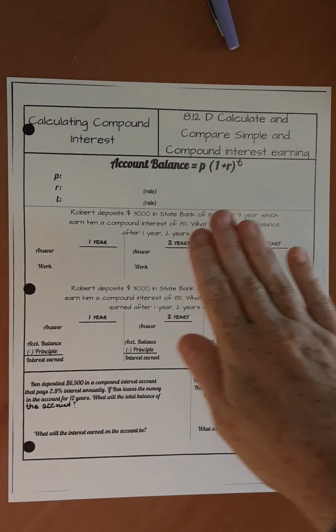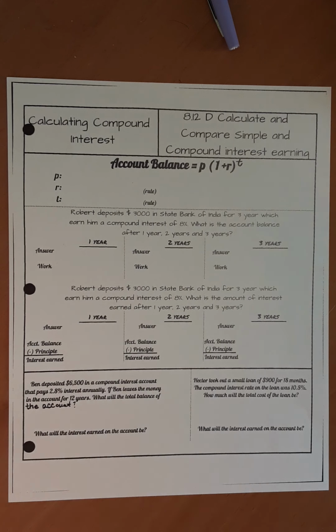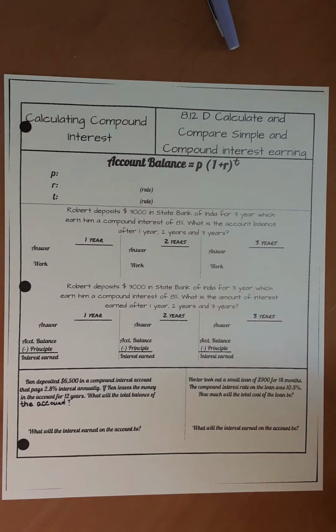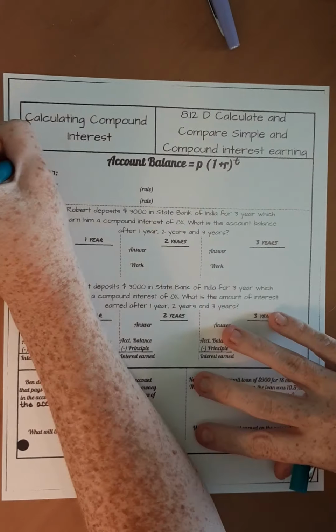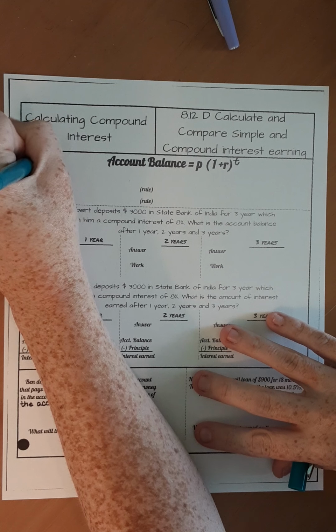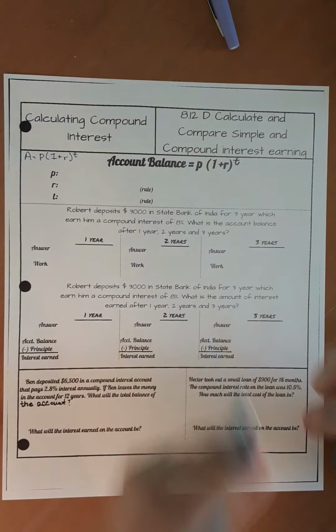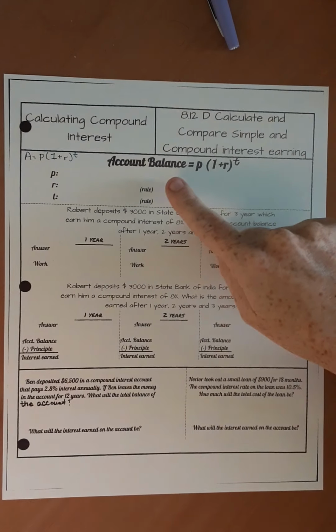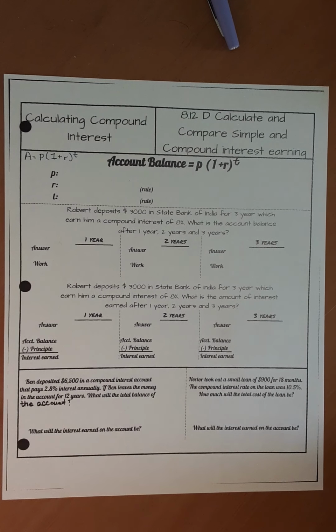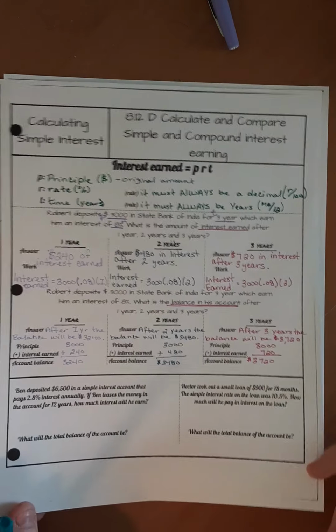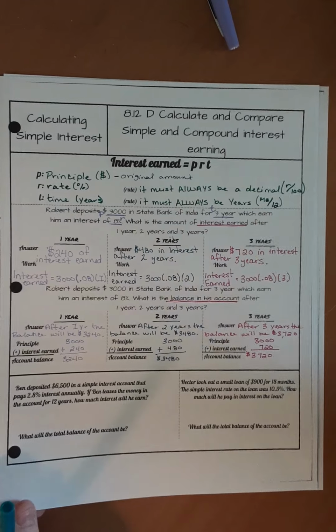So we're going to start with the basics of the formula. The formula for calculating compound interest is A equals P times (1 plus R) to the power of T. I have it written out this way because A represents the account balance. Yesterday, when we did the simple interest formula, I represented the interest earned.